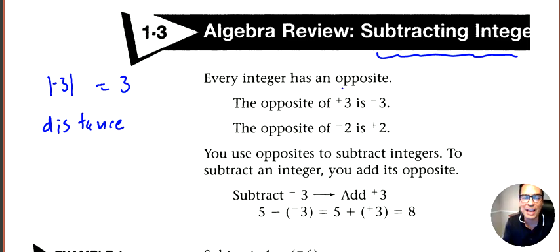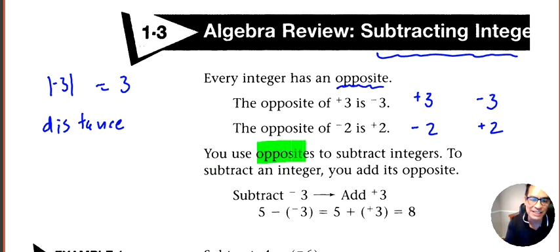Now, the reason I bring that up is because there's also this notion that we're going to use in subtracting integers that talks about opposite of integers. So for example, we know that the opposite of +3 is going to be -3, and the opposite of -2 is going to be +2, and so forth. So here's the rule I want you to remember. We're going to use opposites when we subtract integers.